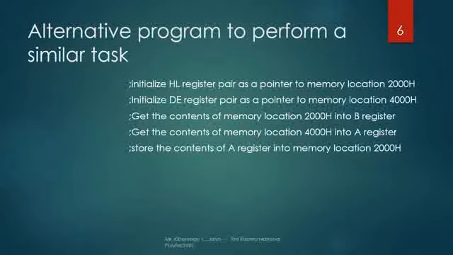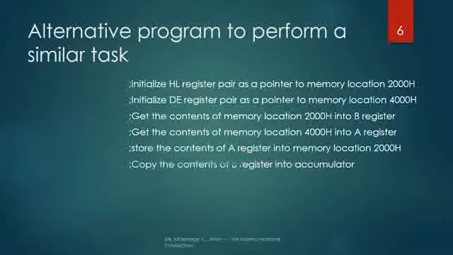Therefore, we'll have contents of 2000 in register B and contents of 4000H in register A. So we need to take A into 2000 and we need to take B into 4000. So we store the contents of the accumulator into memory location 2000, and we copy the contents of B into the accumulator. Why? Because we cannot copy data directly from register B into the memory.